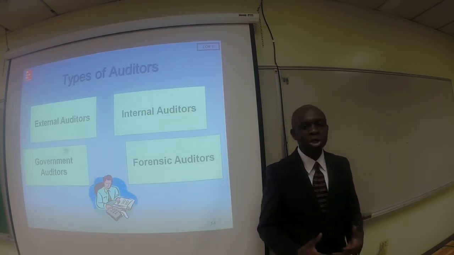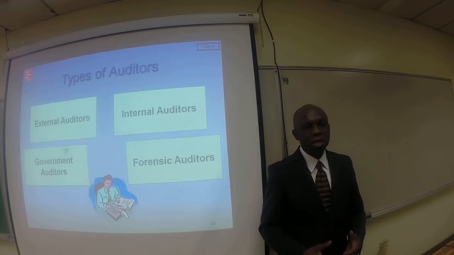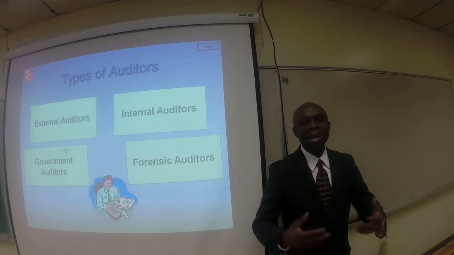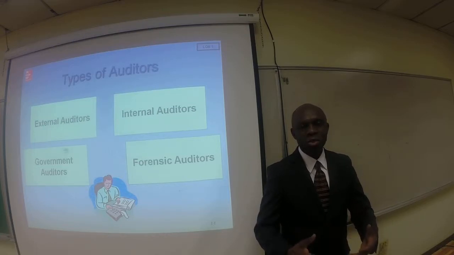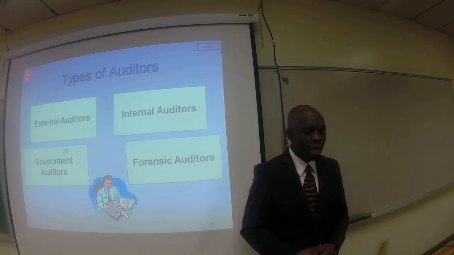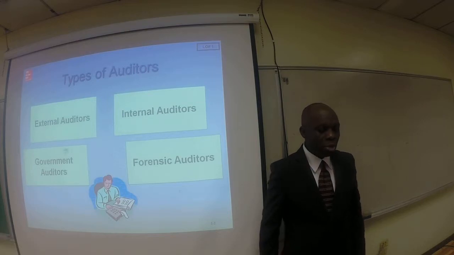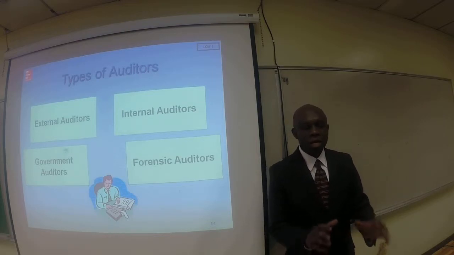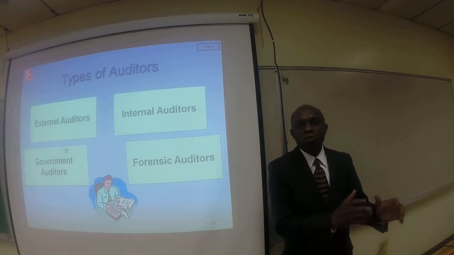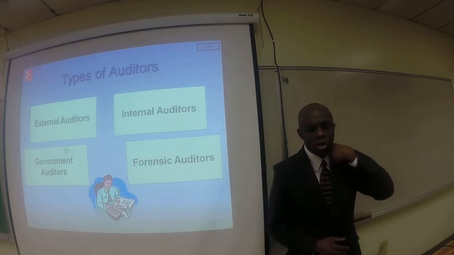Upon completion of the examination, each state has its requirements to become a licensed CPA so that you are able to perform audit services. Now, the most important thing here is external auditors are independent of the company that they audit. So we call them external auditors.